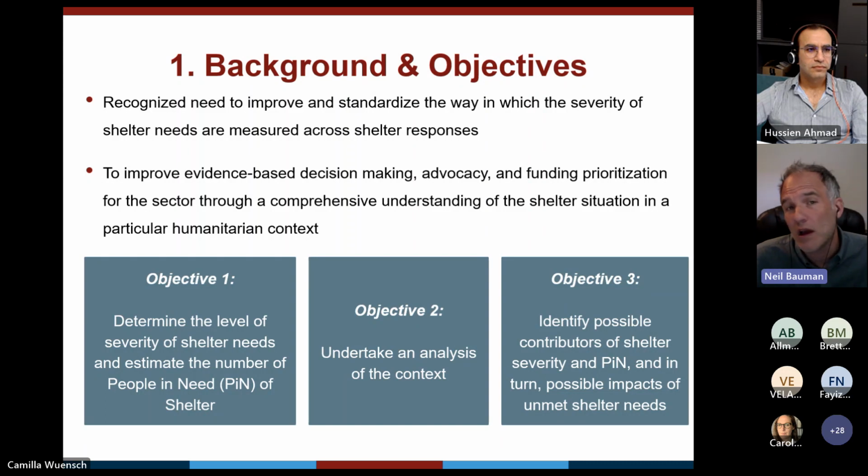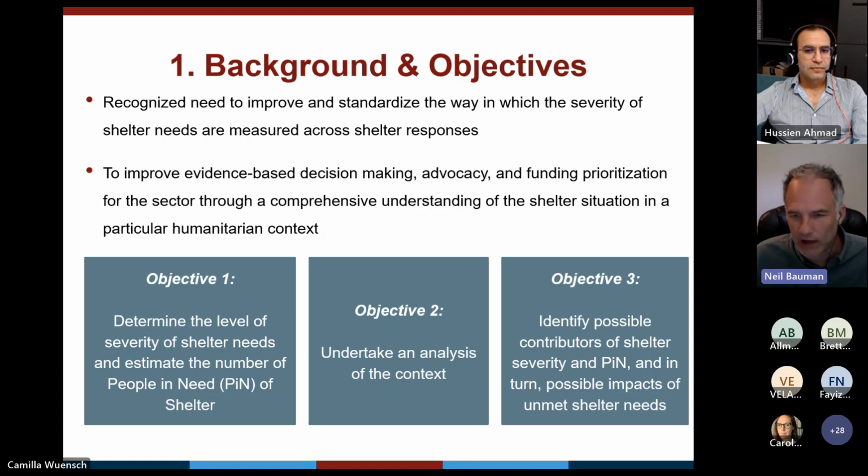In some ways it probably started even before that, in terms of how many people in the shelter sector had been discussing these problems of how every cluster had a different way of strategizing its approach, and that there was not necessarily a consistency between clusters on how different attributes of shelter needs were described or defined, and how we were approaching it.